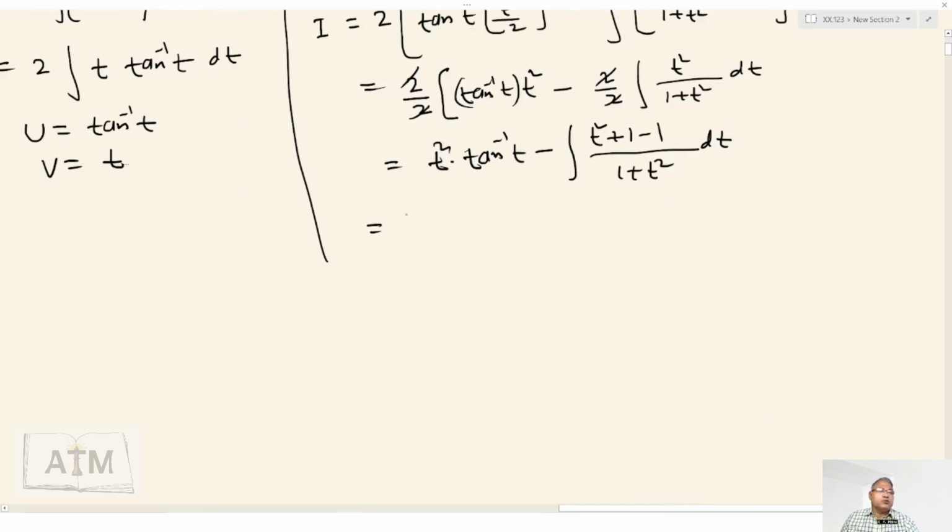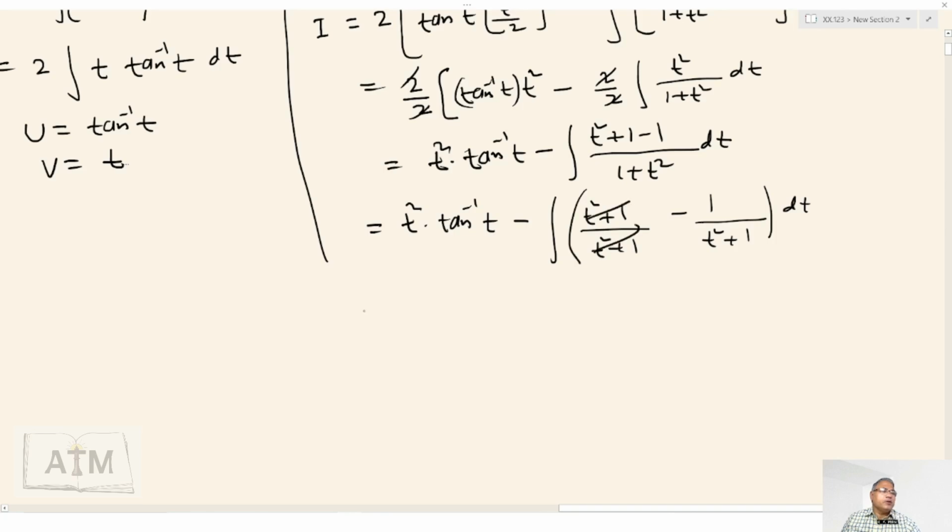So this is equals to t square into tan inverse of t minus, now we get the two fractions, t square plus 1 upon t square plus 1 minus 1 upon t square plus 1 with respect to t. This gets cancelled. So here I can even write 1 plus t square. Just to make you understand, I have written t square plus 1.